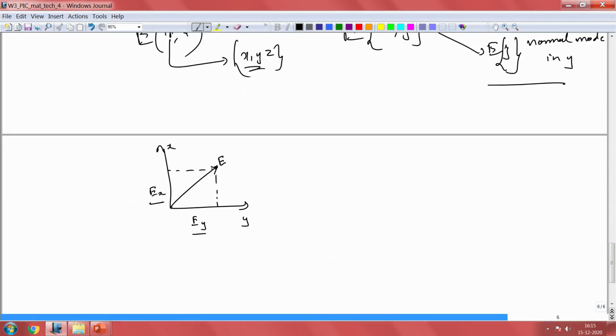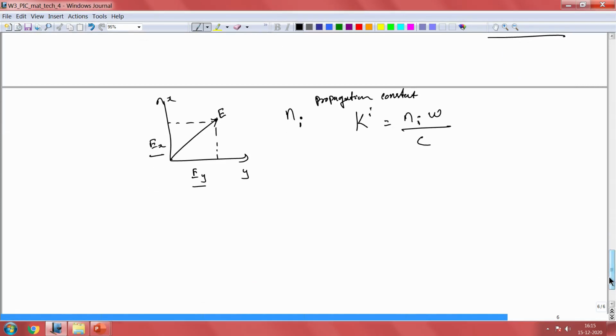We all know that light propagates with a propagation constant. The propagation constant is what we use to characterize wave propagation. So if Ni is the refractive index along a certain direction i, then your propagation constant along that direction is given as Ni omega over c. This is actually defining the polarization of light.